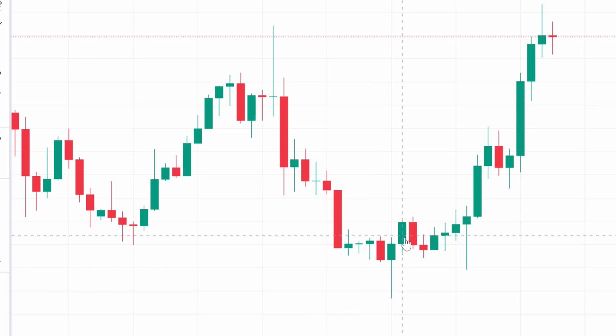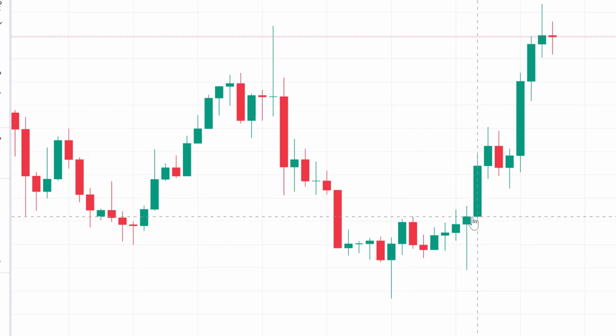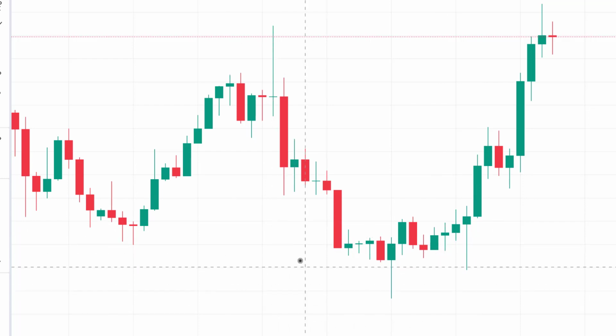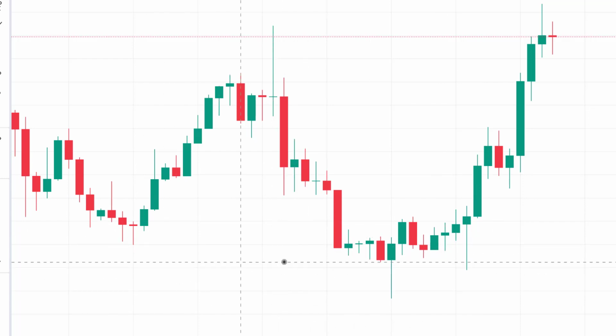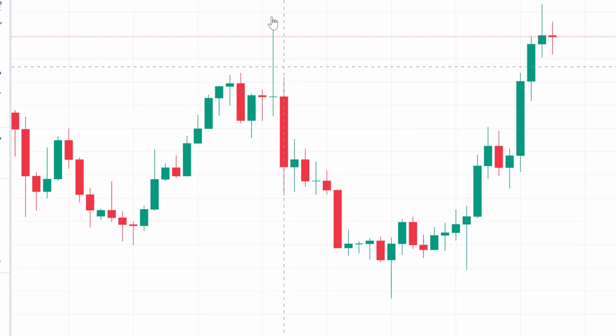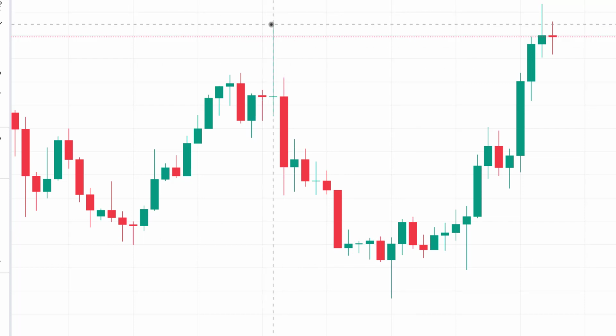But you can see this trade here, there is a confirmation, which is this candle pushing up. This hammer here also has a confirmation. Please ensure you trade around the support area, especially a previously tested support, and also look out for confirmation when you trade the hammer. So let's look at the next reversal candlestick, which is the shooting star.